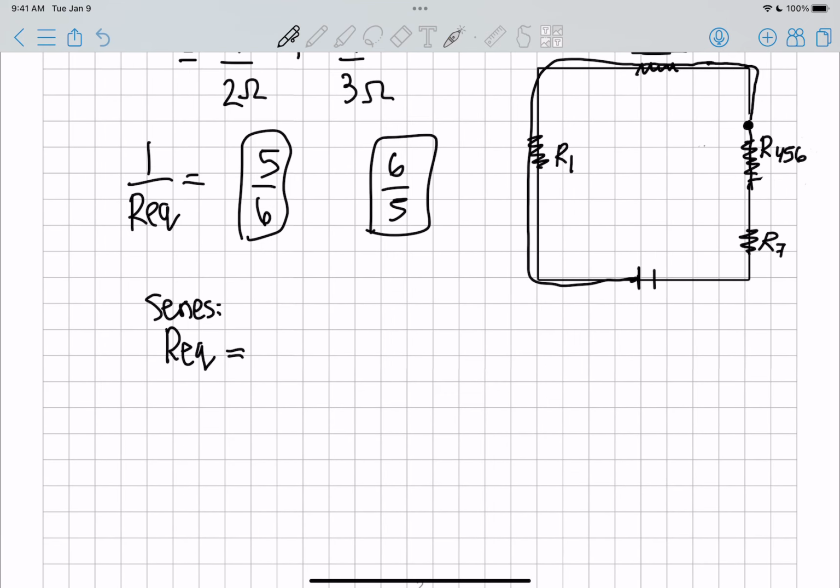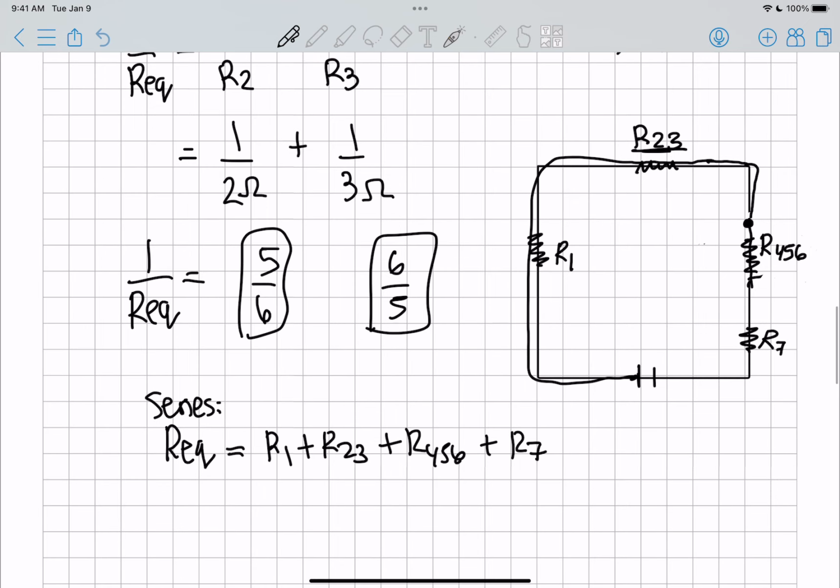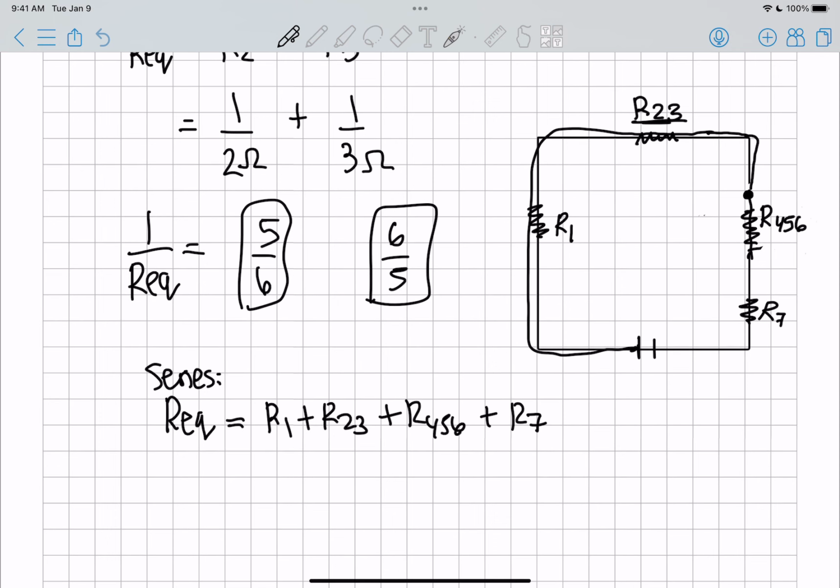You just add up the resistors. So R1 plus R2, 3 plus R4, 5, 6 plus R7, and that gives you a pseudo-combined resistor that would be called R1, 2, 3, 4, 5, 6, 7. All the resistors in the circuit combined would be the equivalent, because they're all in series with one another, and so they can just be easily added up.